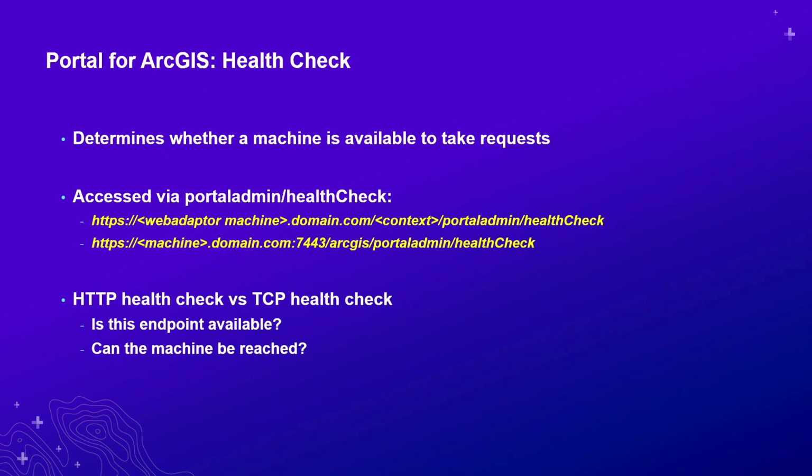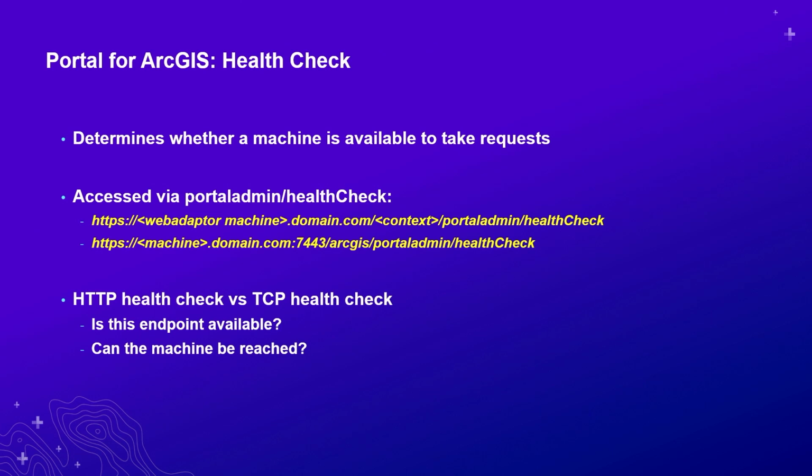So next is portal health check. The portal health check is used to determine whether a machine is available to take requests. And this is a simple request that again only determines whether the machine is available to respond to requests. It's not a comprehensive status check.